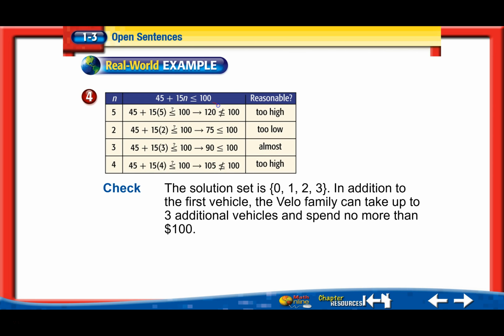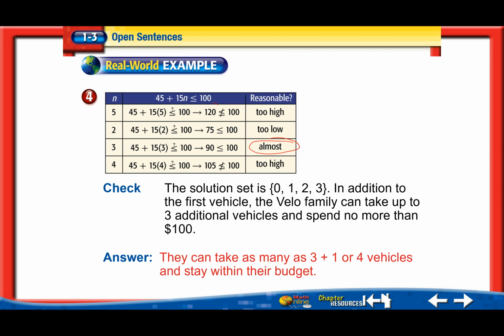You can see how this person did it. They tried 5, which still ended up being too high. They went all the way down to 2, which is probably too low. This one's almost there, and that one's too high. So the solution set of 0, 1, 2, and 3 means 3 additional vehicles is the closest they can get to 100 without going over. So they can take 3 vehicles plus the first vehicle.